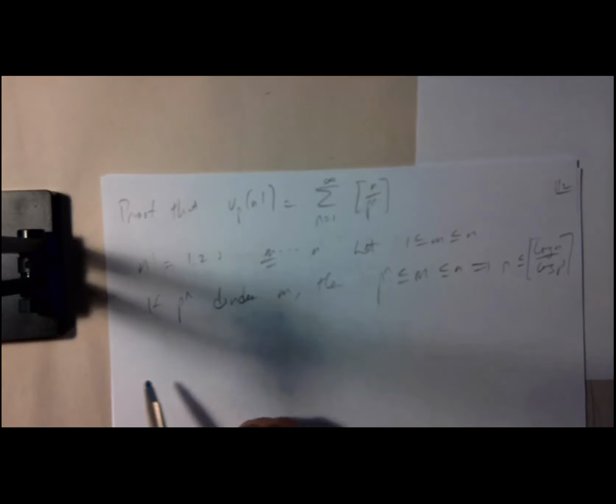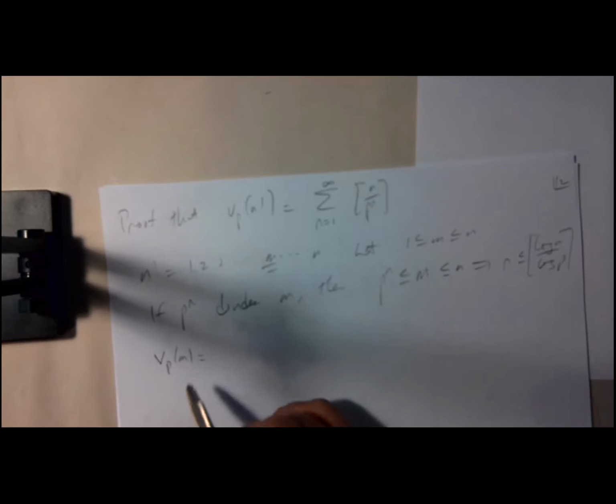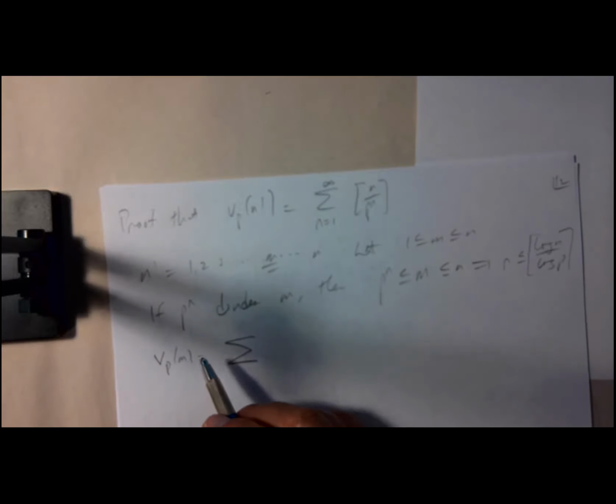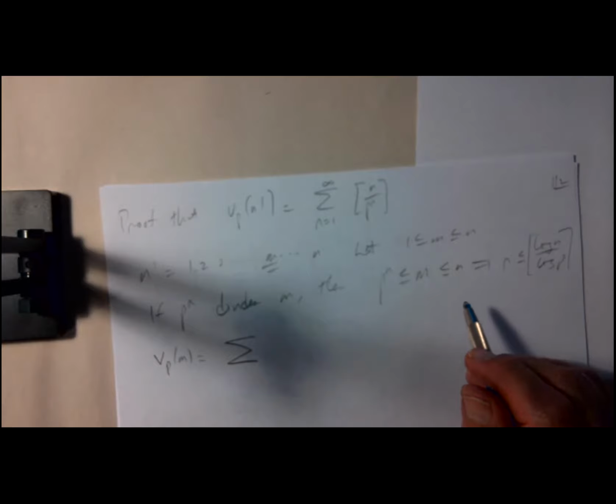So one way to write this is v_p of m. This is the highest power of p that divides m. And the highest power is at most log n over log p, integer part.